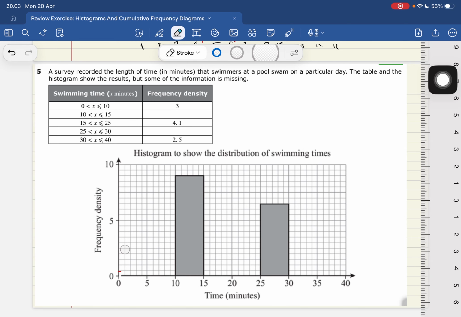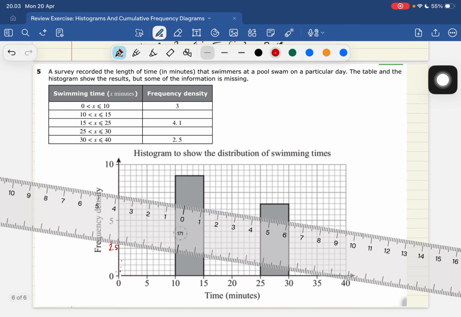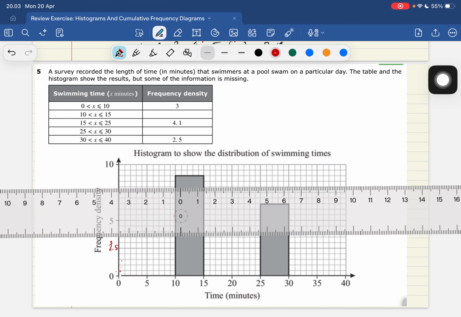Okay, here is 2.5, and here is 3. So here is the 3 from 0 to 10. So we'll draw it.